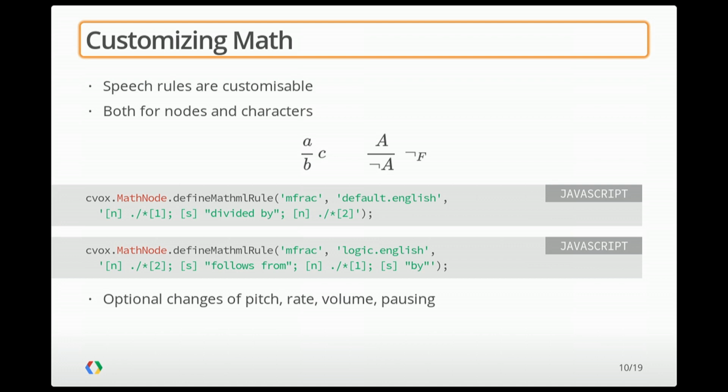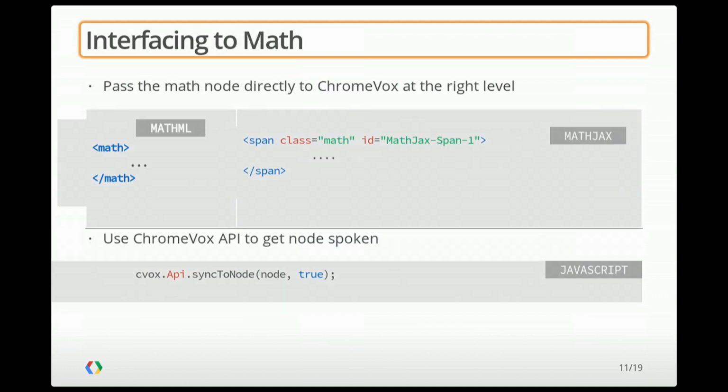Right, this is one way of customizing it, and then how can this actually be used by people that want to develop, say, an EPUB3 reader with it? Well, we have a fairly easy way to interface to the mathematics, as to everything in ChromeVox.